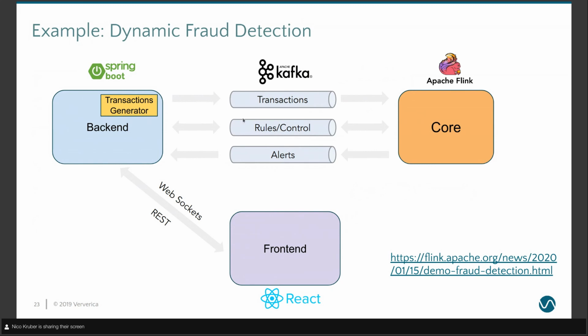On the other hand, we have a separate team that might define what actually might be fraudulent activity. So we have rules that will dynamically change our application at runtime. That way we can react very quickly.